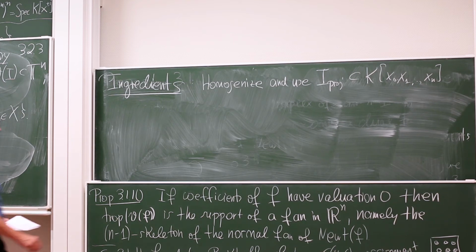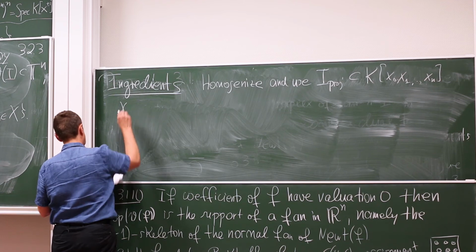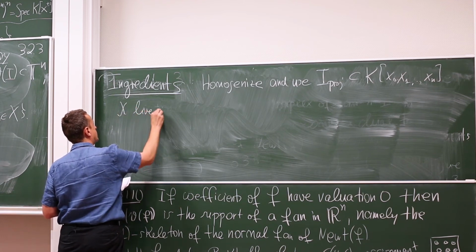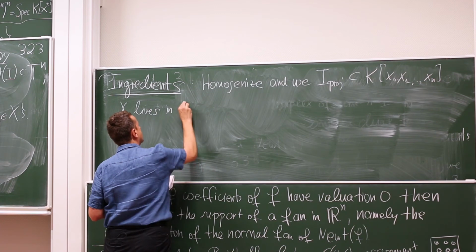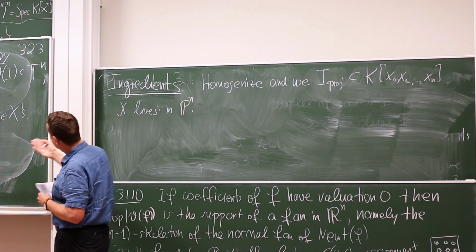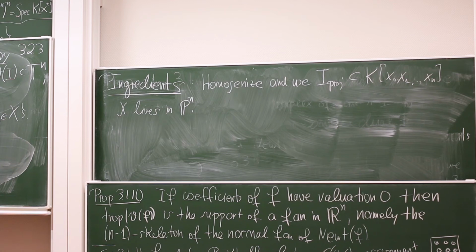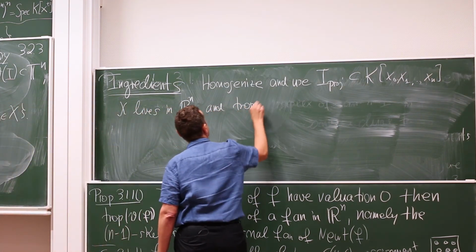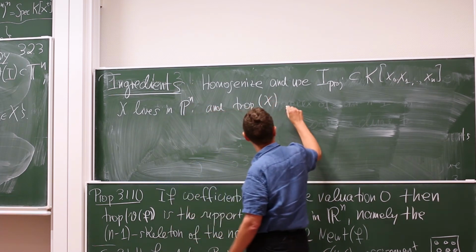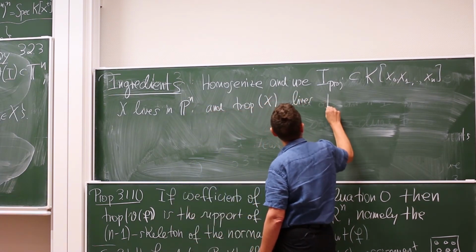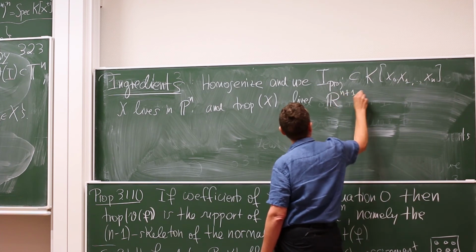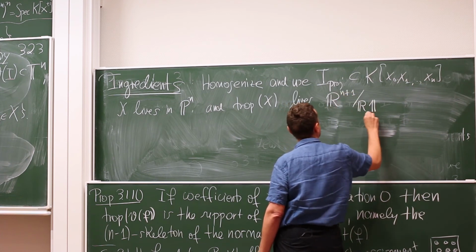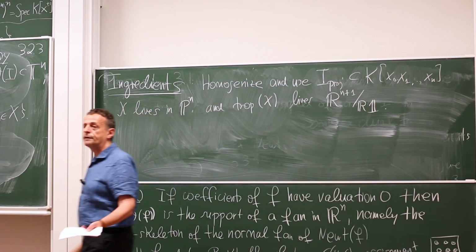Now, after this convention, X, which was a very affine variety, earlier in a torus, is replaced by its closure in projective space. So now X is a projective variety. The tropicalization of X naturally lives in what used to be called tropical projective space, R^(n+1) mod the all-1 vector.